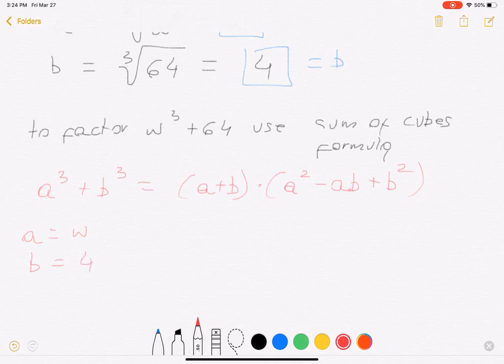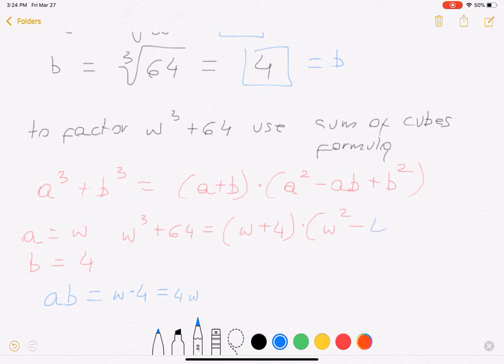We got w to the third plus 64, that will be equal to w plus 4 times w squared minus a times b. Again, let's calculate that. A times b is just w times 4, which is the same as 4w.